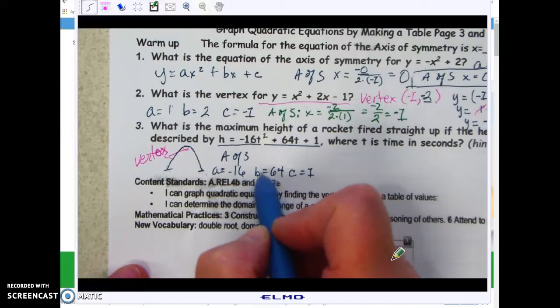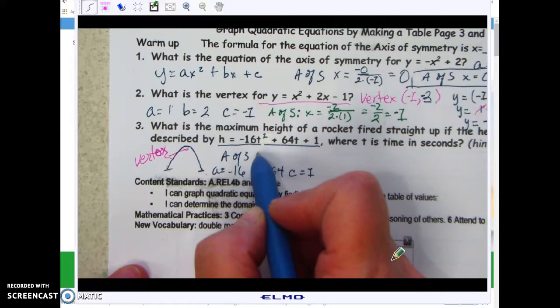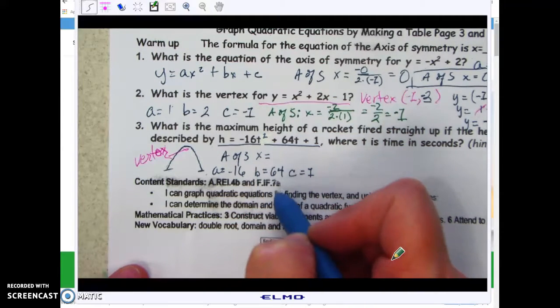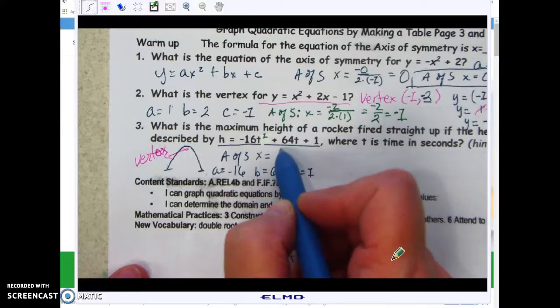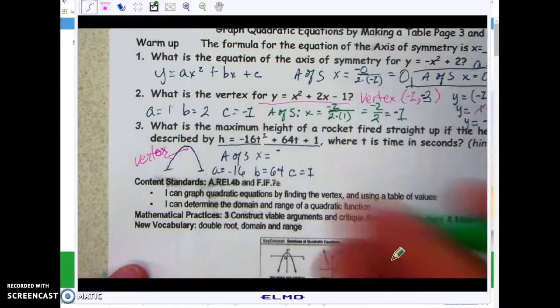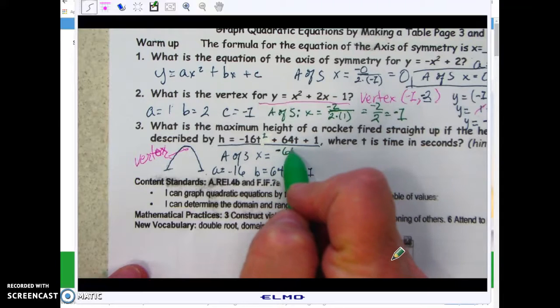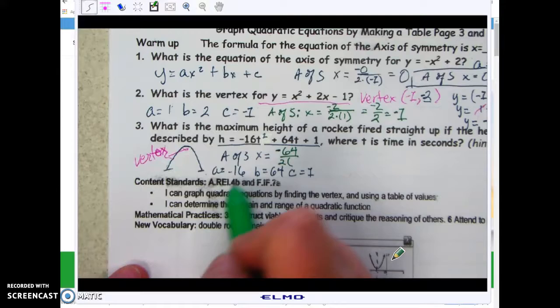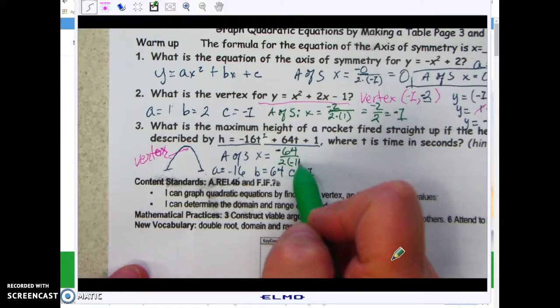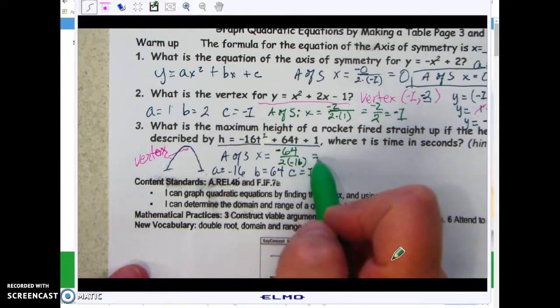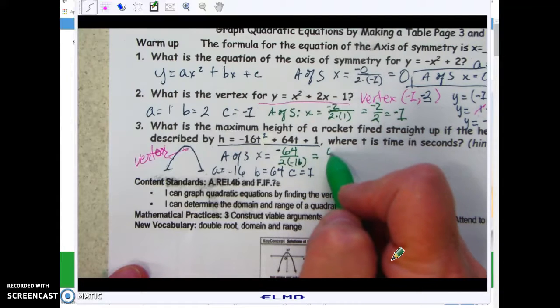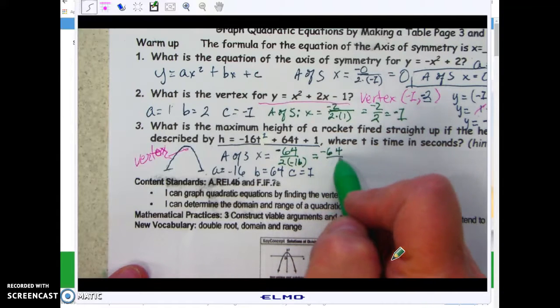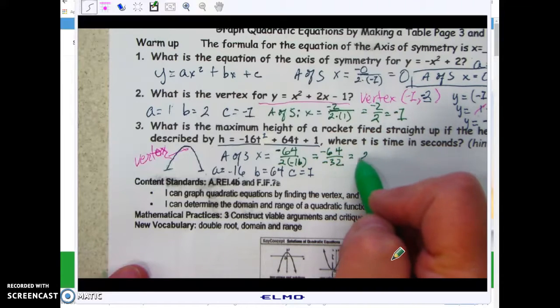So for that it is going to be x equals, B is 64, so negative, let's do that in another color so you can see it, negative 64 divided by 2 times negative 16. And that's going to come to negative 64 divided by negative 32, which is going to come to positive 2.